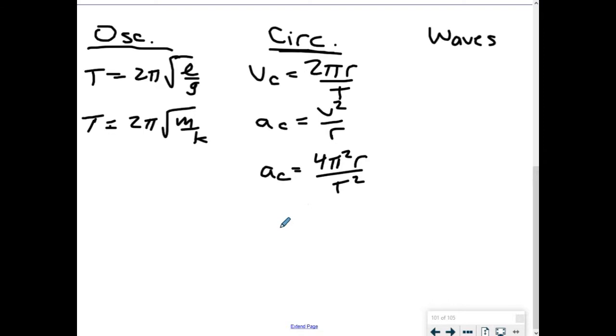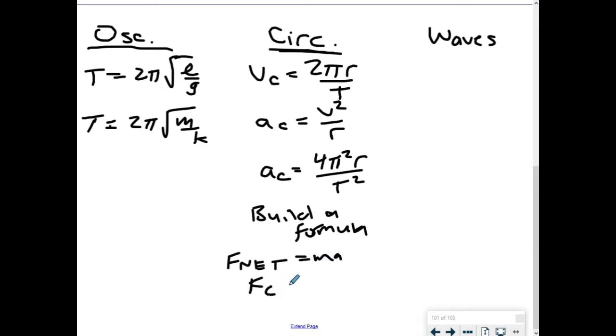One more thought on circular motion. Circular motion is also common to need to build a formula. When I mean build a formula, this is where you do something like F net equals MA, but it's actually FC because we're going in a circle, so that's MAC, which is really MV squared over R. But your net force is the force of gravity minus the force of friction.